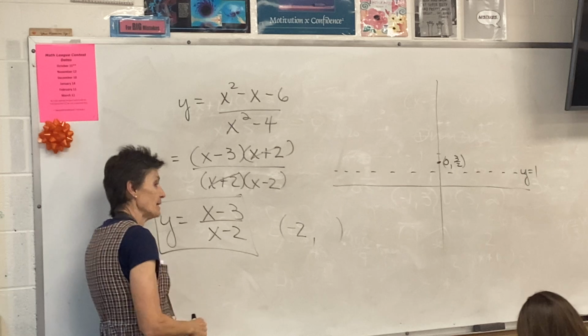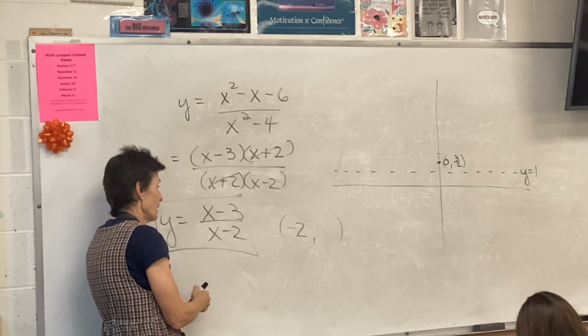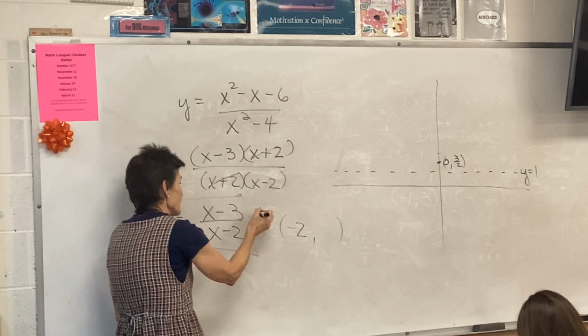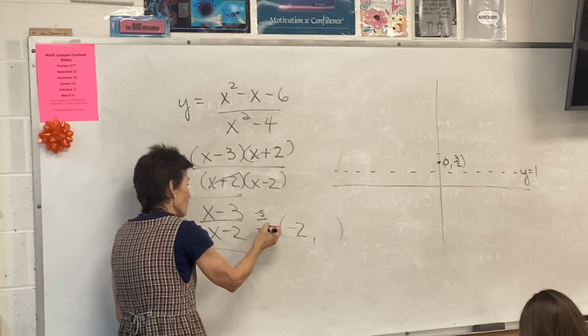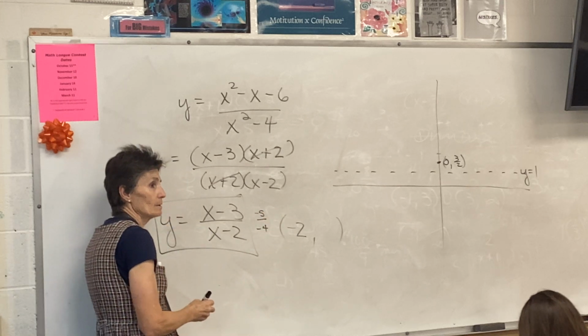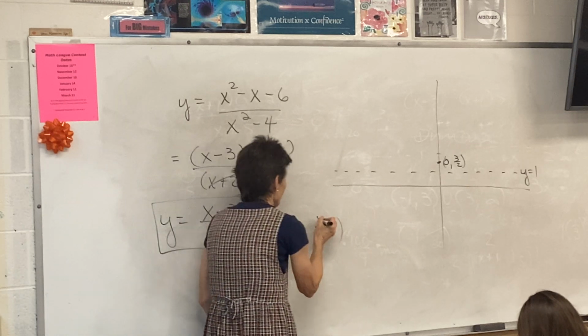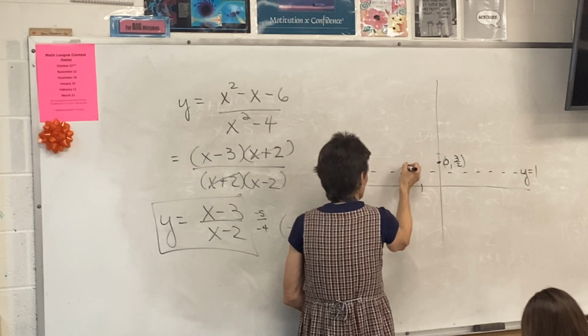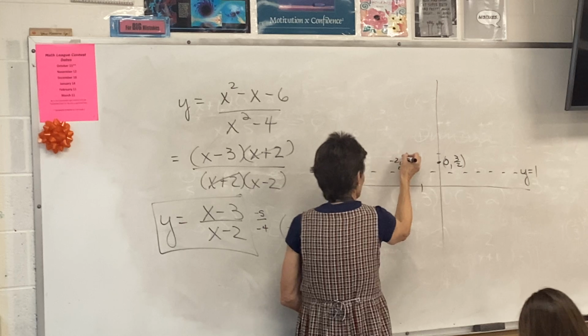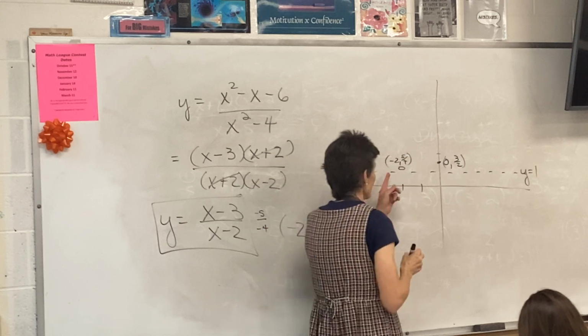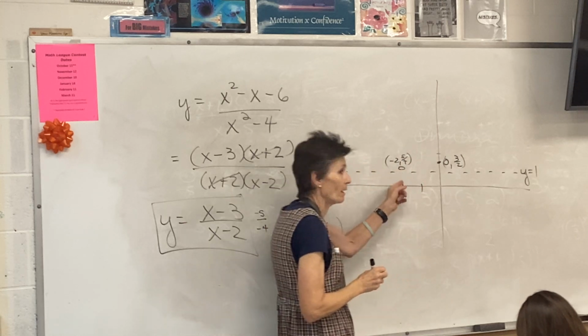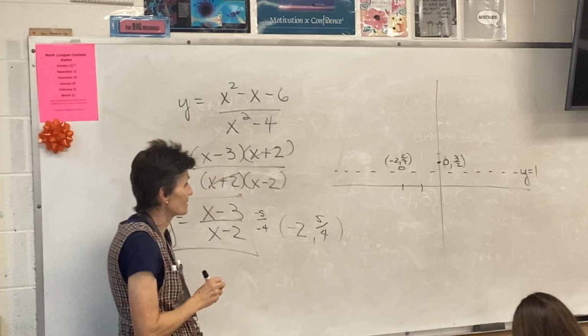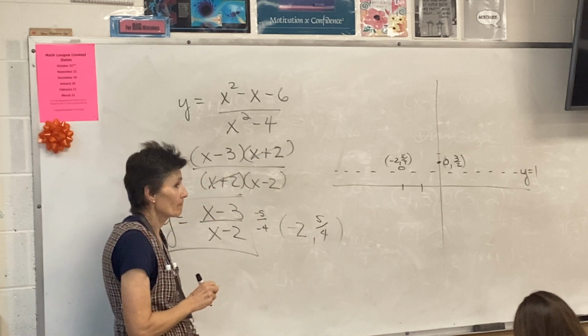So we'll plug in -2. And it looks like I'm going to get -5 over -4, 5/4. So -2, 5/4. 5/4 is just a little bit bigger than 1, so it's above that asymptote, right above that asymptote there.